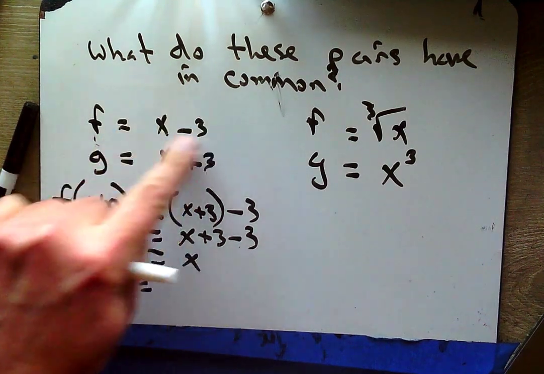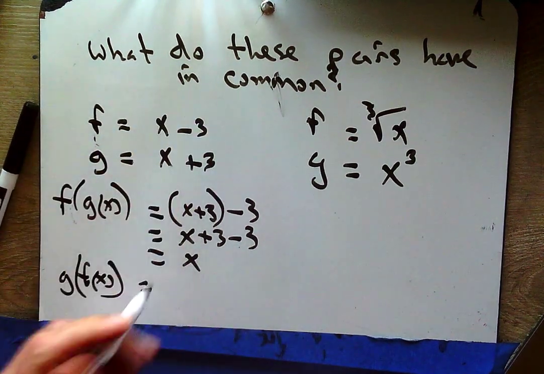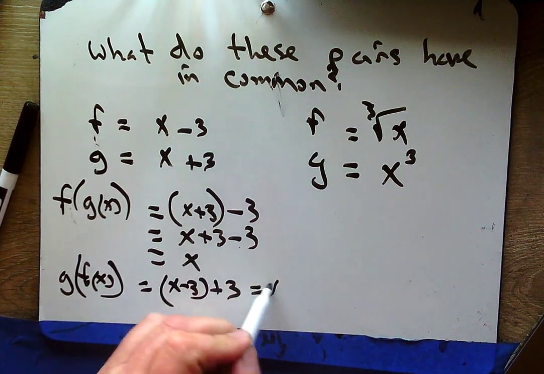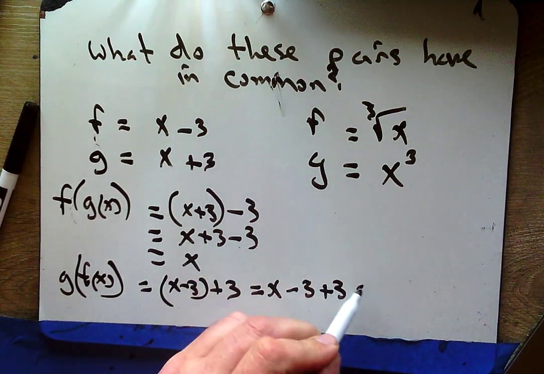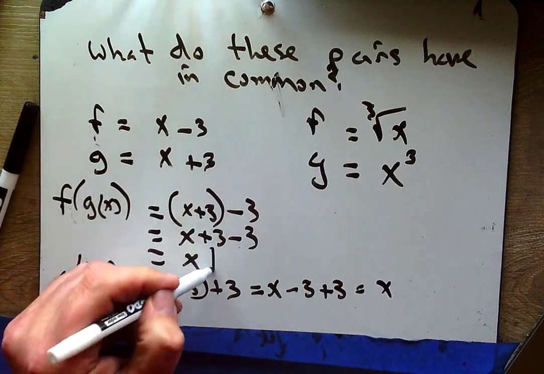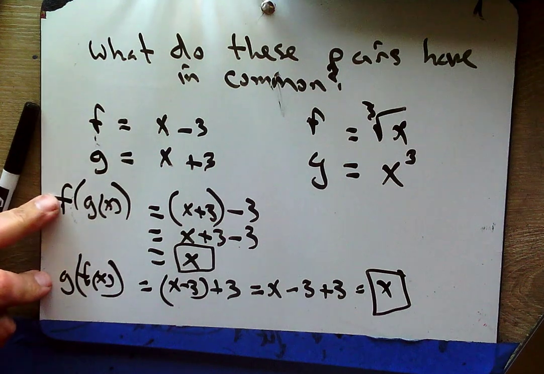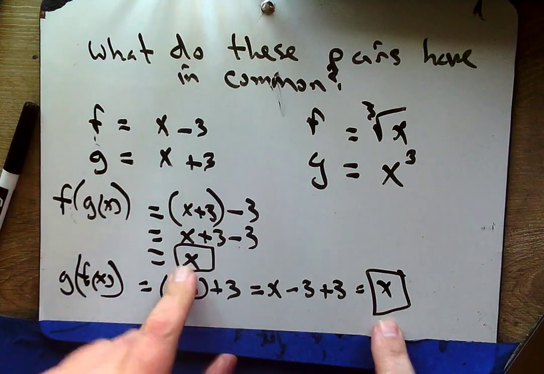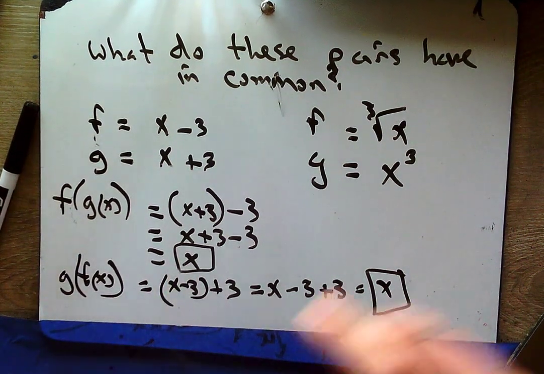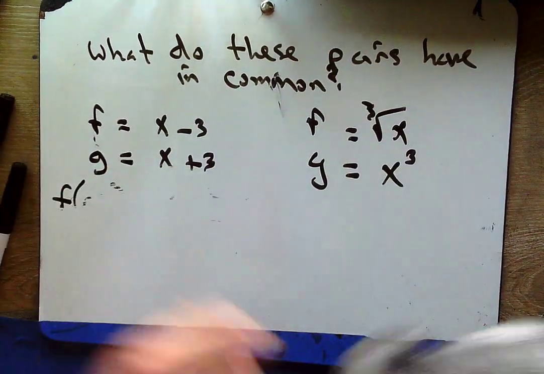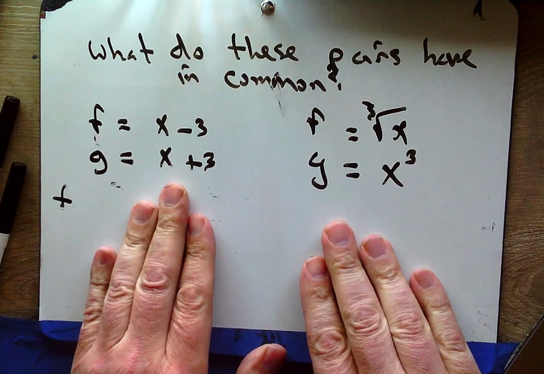So now I'm going to take f of x and plug it in there. And so I get x minus 3 plus 3, which is x. What did we say it meant when you did the composition either way and you got x each time? That's right. These pairs of functions are inverses of each other.